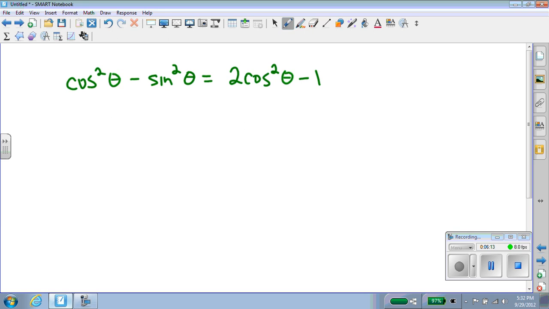Again, this is another one where either the left side or the right side will suffice. I'm going to go with the right side because I want to show you as many tricks that are up my sleeve as I possibly can. 2 cosine squared theta is like cosine squared theta plus cosine squared theta, right?